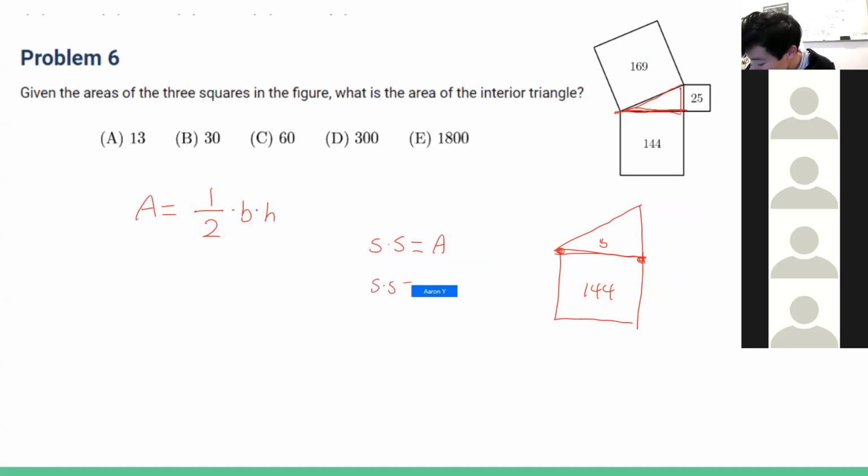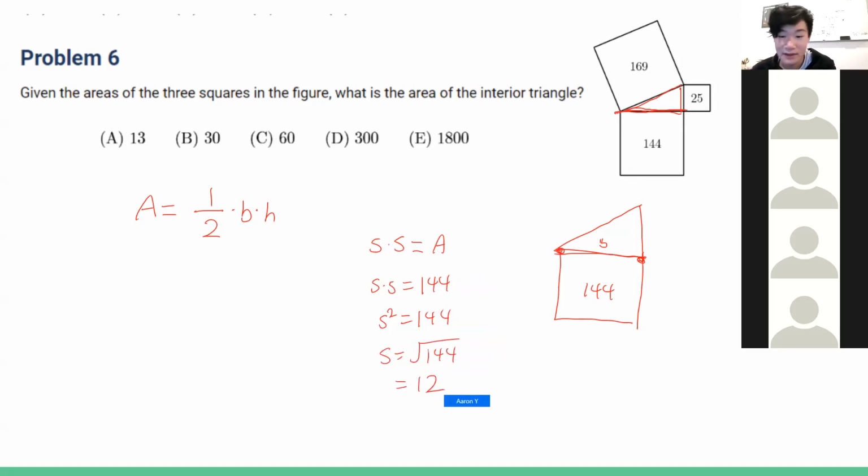We have side times side equals 144. So essentially we're doing s squared equals 144. So in order to find s, we take the square root of 144, and that gives us 12. So the side of this square is actually 12. And so therefore the base is 12. 1/2 times 12. Now we still need the height, all right?